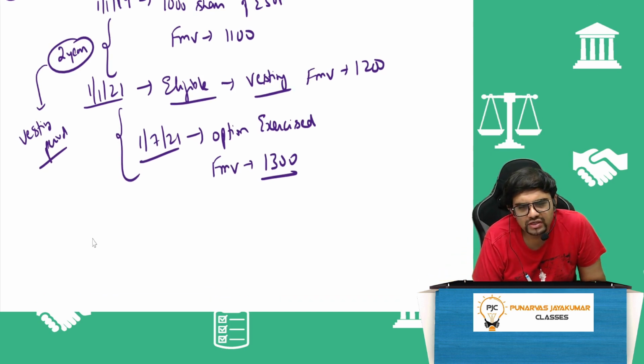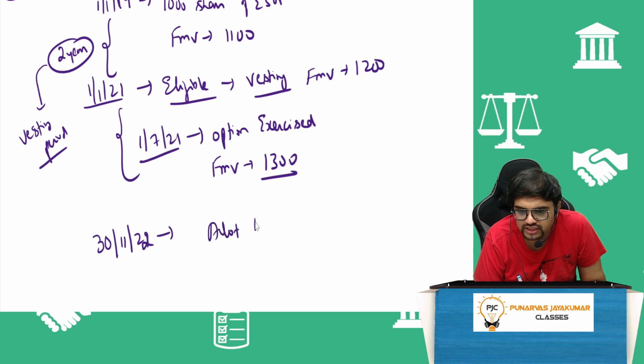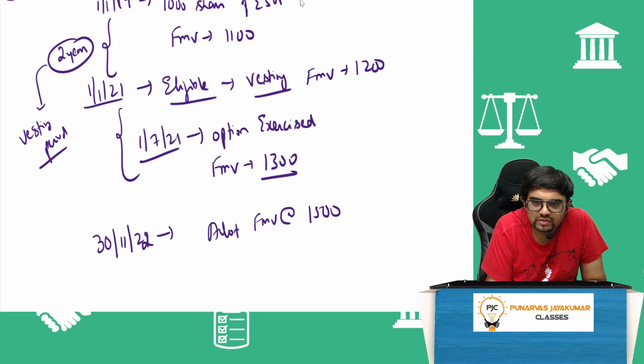They will not allot immediately the moment you exercise. They will allot it sometime later. Let's say a few months later, 30th November 21, or let's say next year 22, they will allot. This time FMV will be 1500. 1000 shares of ESOP, face value 10 rupees.